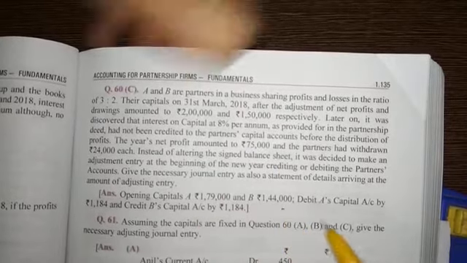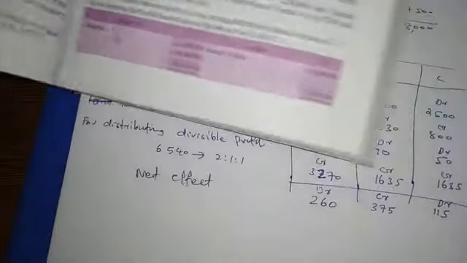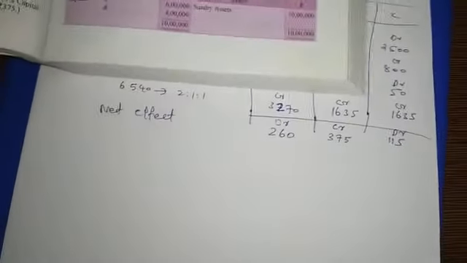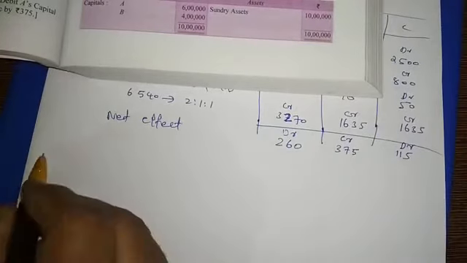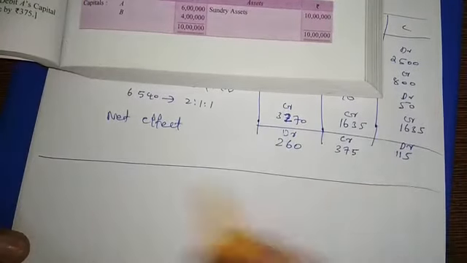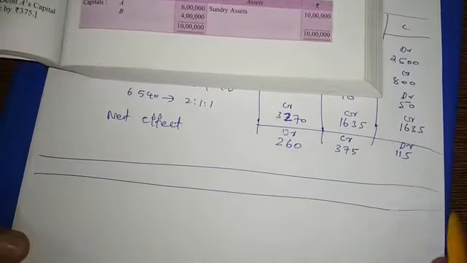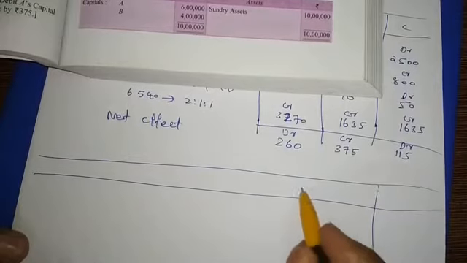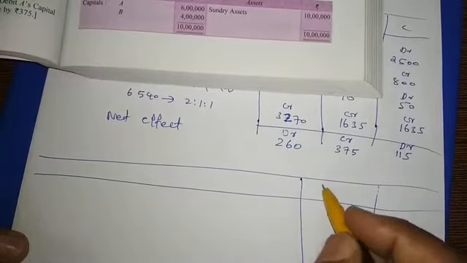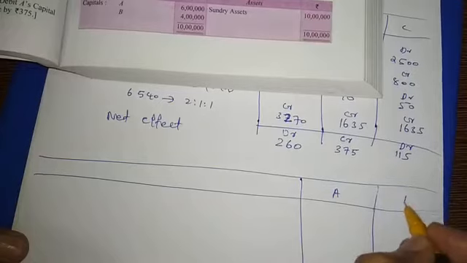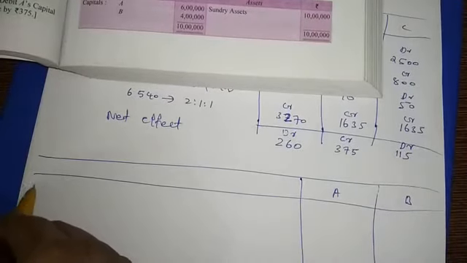Now we can make a table showing adjustments. Two partners only are there, so two amount columns are required. The partners' names are A and B. First of all, we need to cancel the profit.